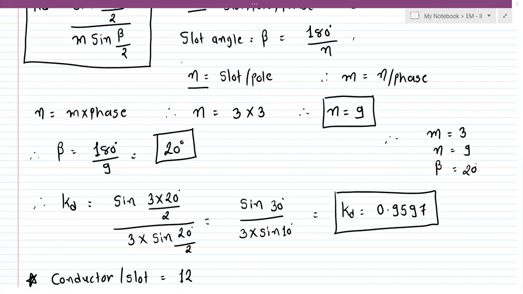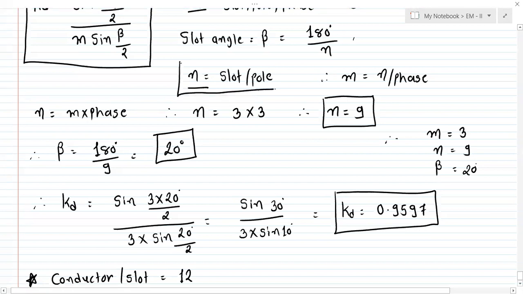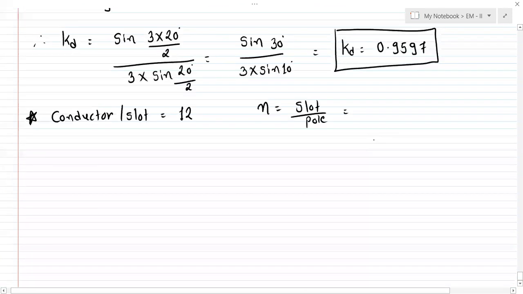We have one equation of m, and n is nothing but my slot per pole. So I want to find the total slots: slot is equal to n into pole.